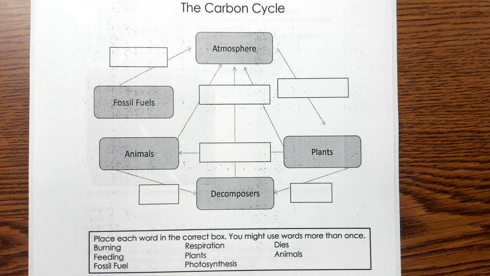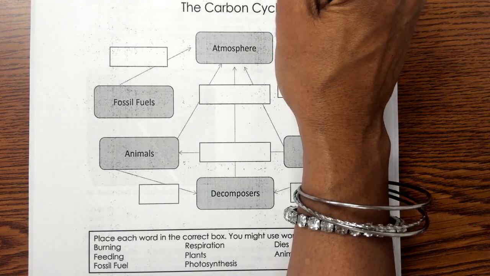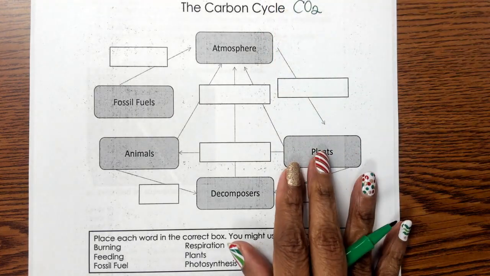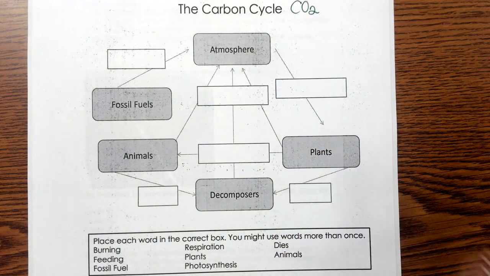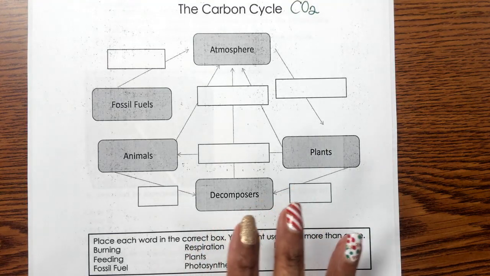Okay, so here is the carbon cycle. This diagram is talking about different processes that put CO2, or carbon dioxide, back into the atmosphere, or into the soil.